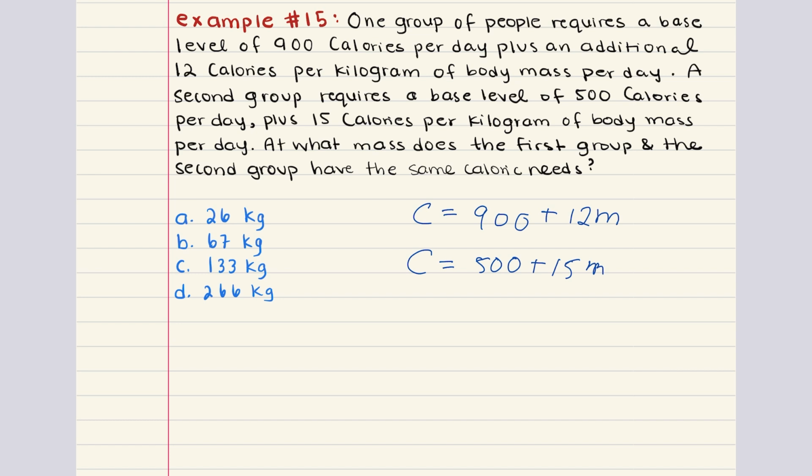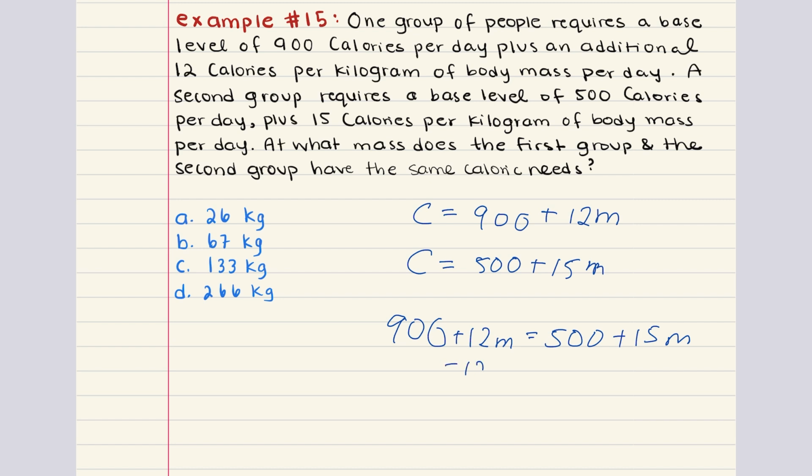Now that we have these two equations and they both equal the number of calories, we can set them equal to each other and solve for m. This is going to tell us at what mass the first group and the second group have the same caloric needs. So 900 plus 12m is equal to 500 plus 15m.